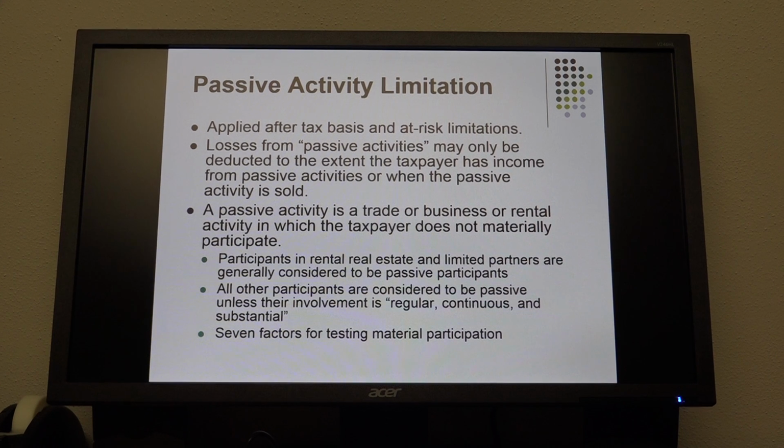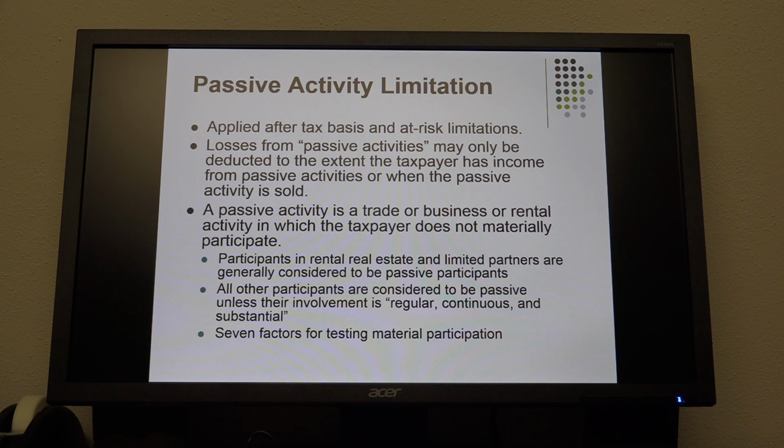And so they have 7 factors that the IRS looks at to determine whether or not a taxpayer is materially participating in the activity.